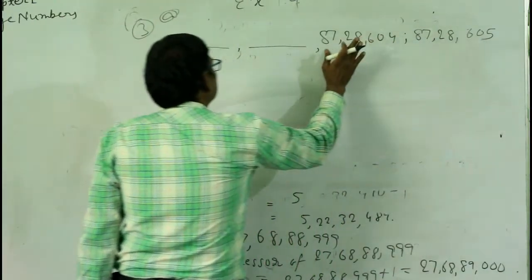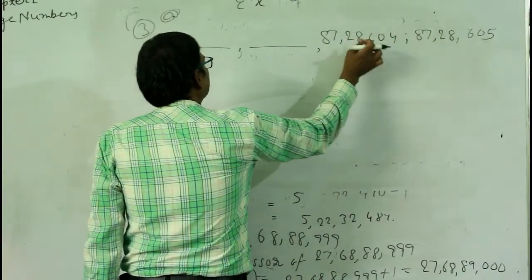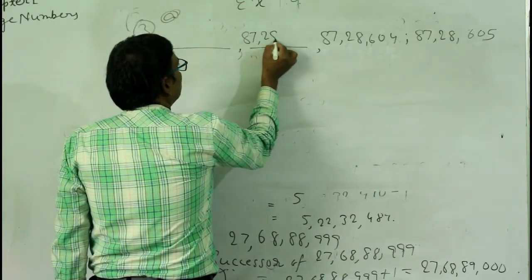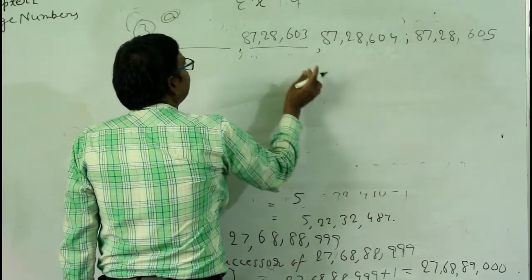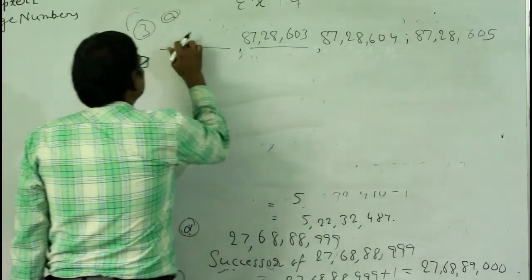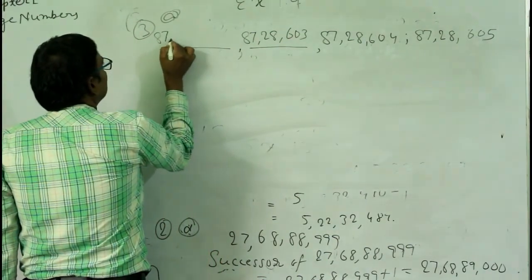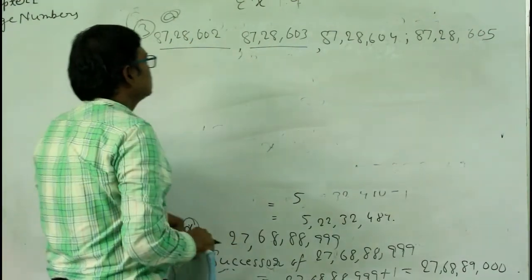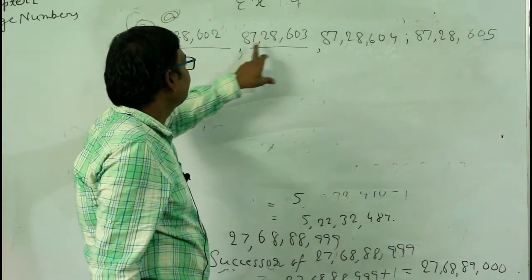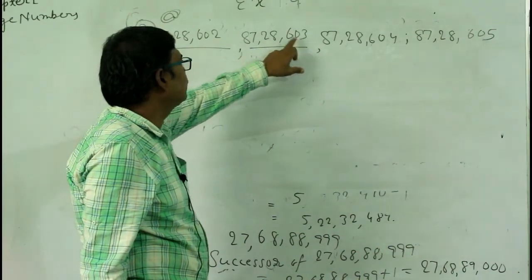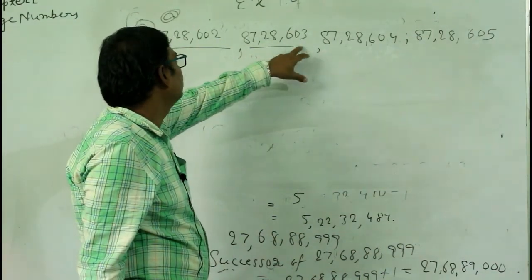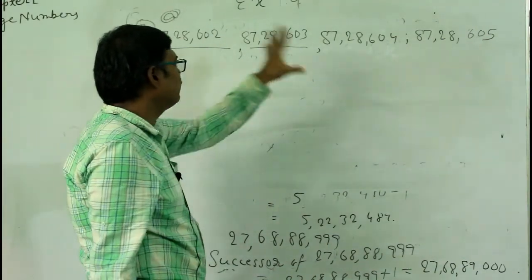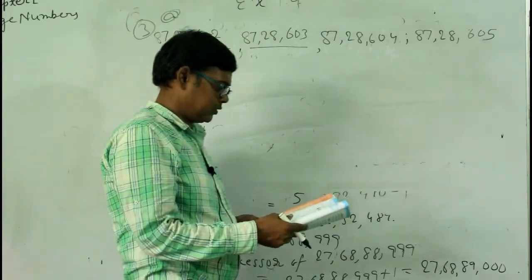It means the previous number is obtained by subtracting 1, which gives 8728,603, and subtracting 1 again gives 8728,602. So this is the answer to this question. Just observe the pattern and then fill in the blanks.